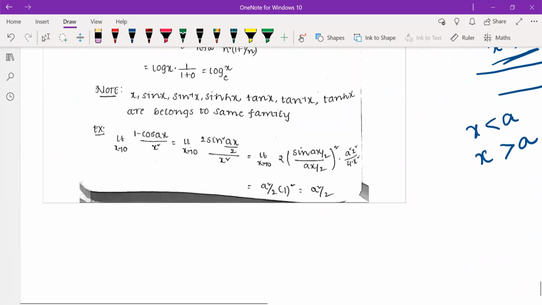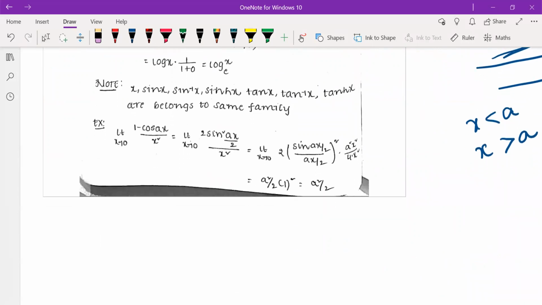Next, consider this example: limit x tends to 0, 1 minus cos ax by x square. We know that 1 minus cos theta is equal to 2 sine square theta by 2.